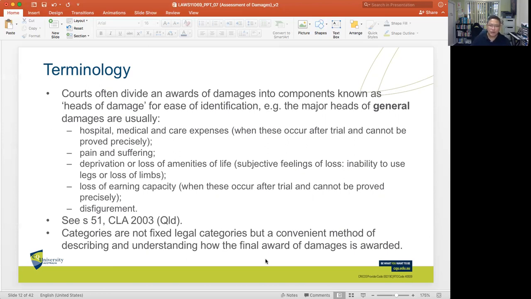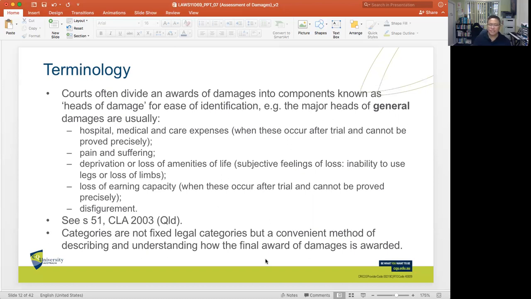We also need to know that even when we speak of these various general damages, such as pain and suffering, deprivation or loss of amenities, and so on, they are not fixed categories, because a lot of them actually overlap. But they are a convenient method of describing and understanding how the final award of damages is awarded.